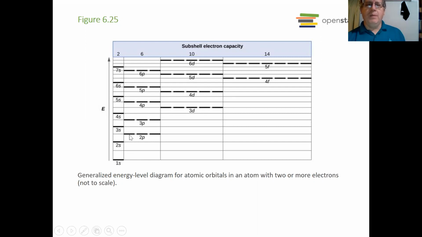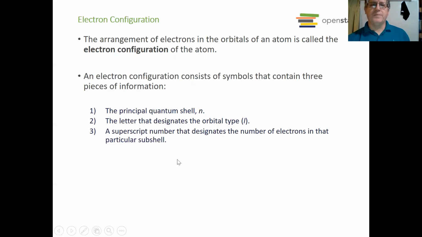Same for the 2s, but for the 2p, remember we have that hourglass-shaped orbital that goes in the x, y, and z directions. Okay, so we're going to be able to see those additional energies, and the reason they're listed at the same level is because they have the same energy. The word for that is degenerate. And we'll take a look at these diagrams a little bit more as we go.